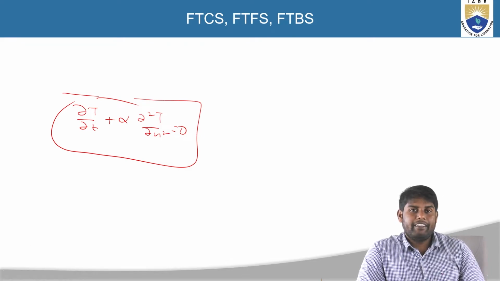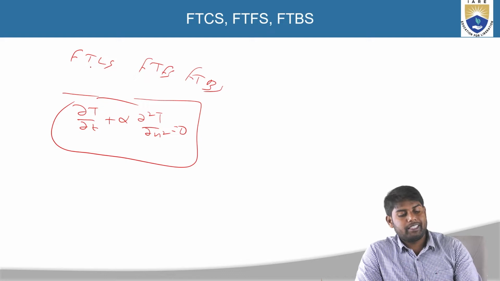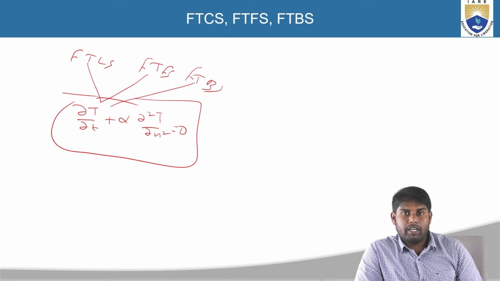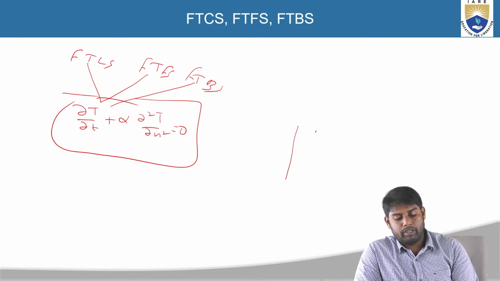So this equation can be solved in three ways. One is FTCS, the other ones are FTFS and FTBS. So basically these approaches are finite difference schemes. So what are finite difference schemes? Basically we solve the partial differential equations using the appropriate numerical approach at the grid points.